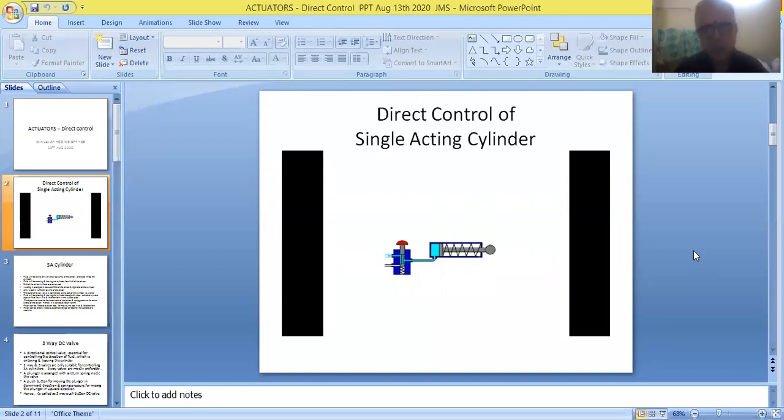And similarly, pneumatic actuators are referred to as pneumatic cylinders, and also they're called air actuators, air cylinders, pneumatic motors, and air motors. So these are the different names given to these items. Now, in general, they are referred to as cylinders.